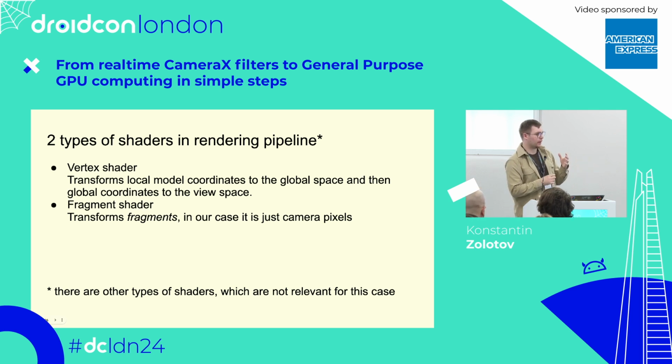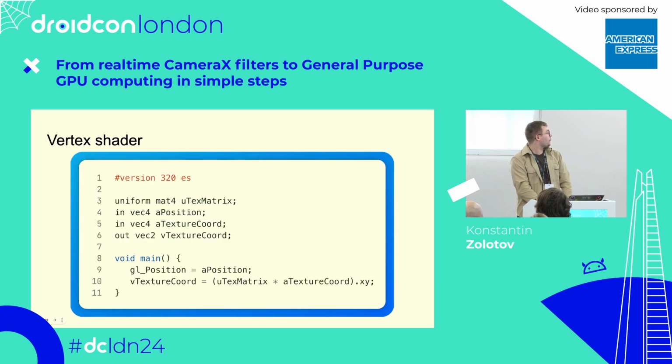However, since we have a camera surface, it's just a two-dimensional object, so you do not need to do any complex transformations. The only purpose is just to fit it properly in the output view. And it's really, really basic. So usually you're not going to do anything else with it. So this is how the default vertex shader looks like.